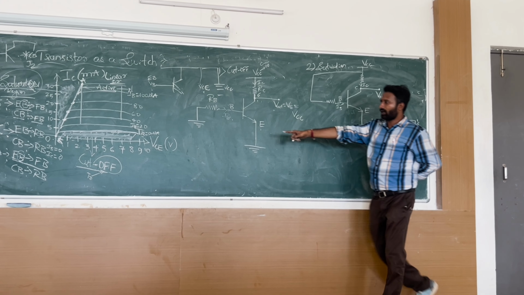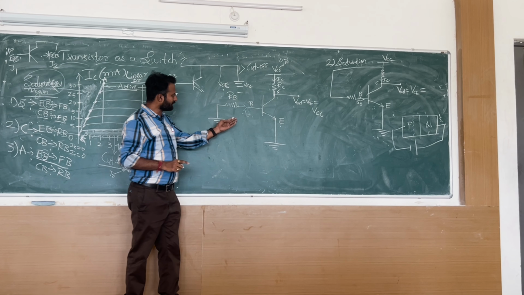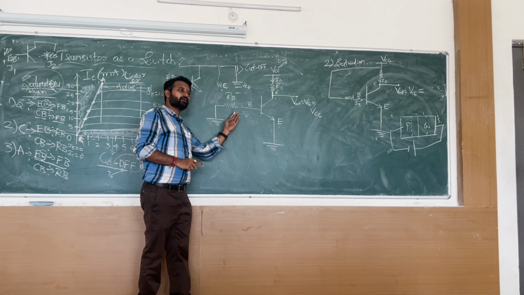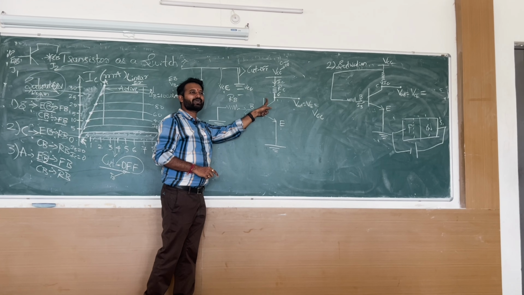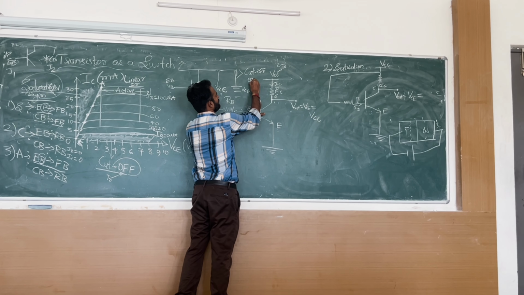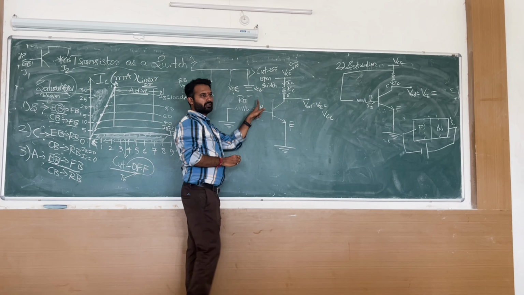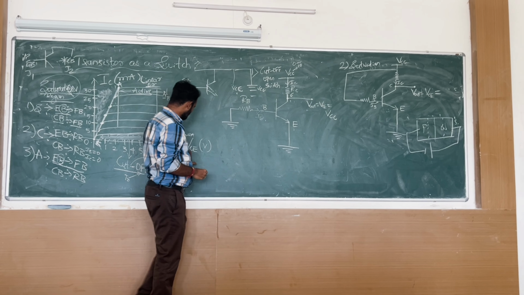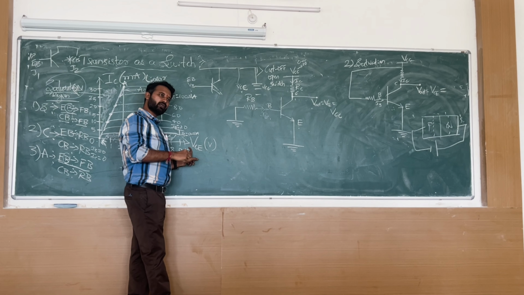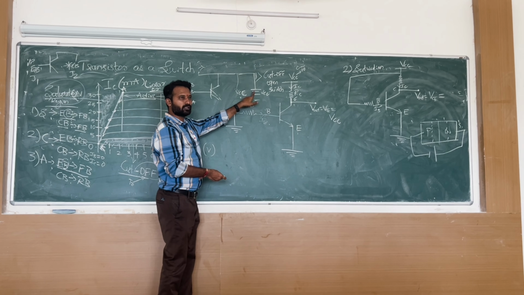Same thing: IB is equal to 0, IC is equal to 0. This circuit diagram is in off condition, cutoff. The transistor will act as an open switch. Open switch means the switch is in off condition. This VCE is nothing but the reverse voltage. We are increasing the reverse voltage.